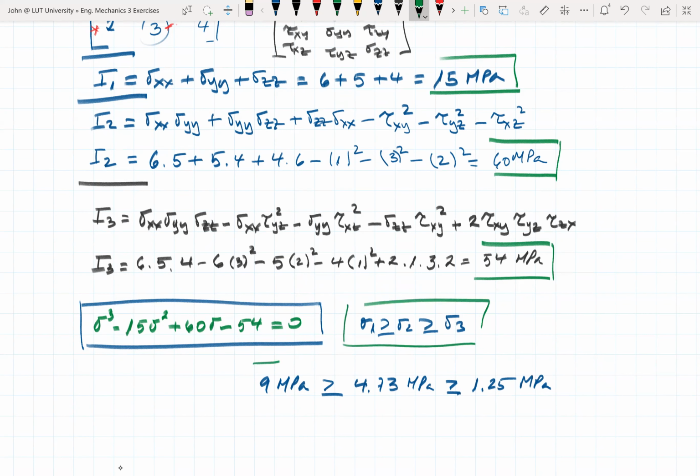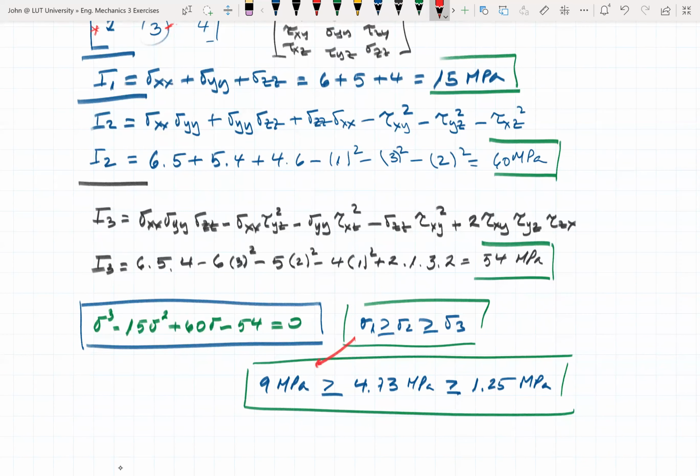And this is kind of the equivalent to this, in the sense that this corresponds to sigma 1, sigma 2, and sigma 3. And there you go. You have found a solution for the equation of principal stresses.